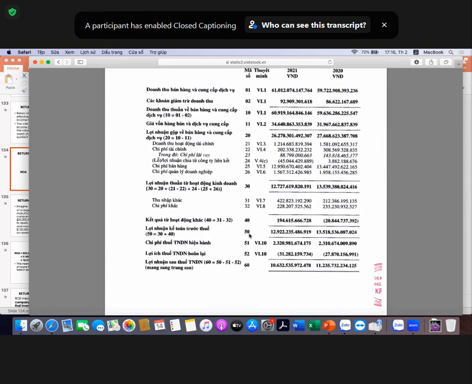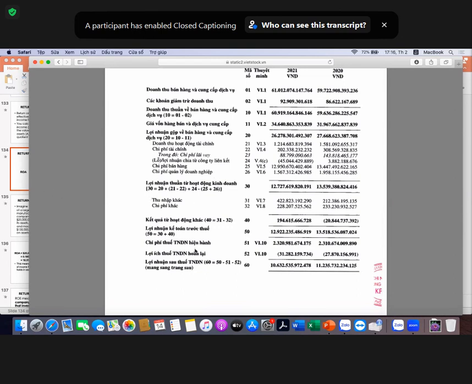We have, what is the return on assets? Total assets.